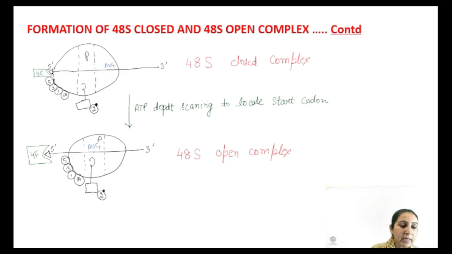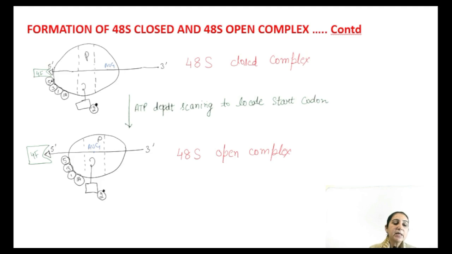This is the 5' cap, which is attached to the 4F, and this is our 3' tail. Here are many adenine moieties and many poly A binding proteins also. This is actually folded upon itself, but for simplicity we have shown it this way. This is our 40S subunit, this is the P site, and this is our ternary complex which is bound to the P site.